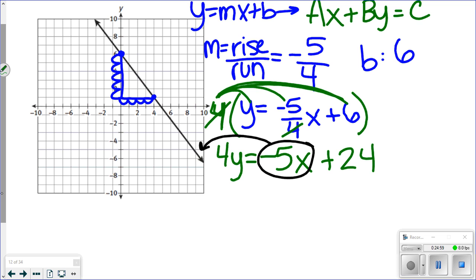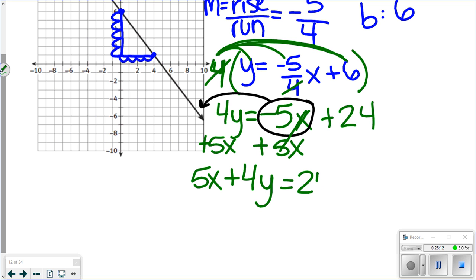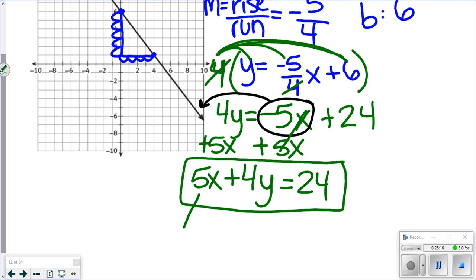How do we do that? The opposite of minus 5x would be to add 5x. Those cancel. So 5x plus 4y equals 24. I have no fractions, and this A term right here is positive, so I pass the rules. This is in standard form, and I'm done.